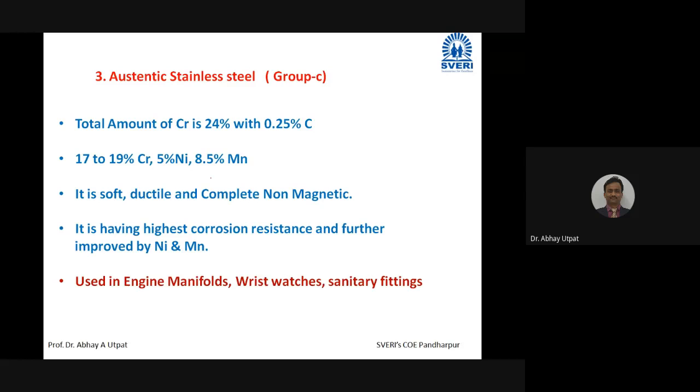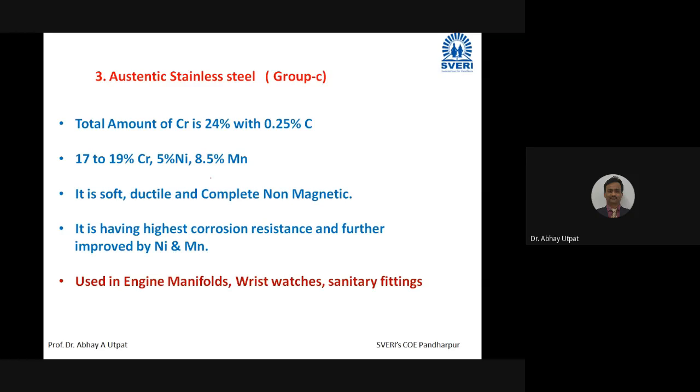Even on a razor blade, if you have not seen it earlier, take any razor blade, whatever brand, just check. It is written stainless steel there. That is also stainless steel. On a wristwatch also stainless steel is used, but both are different. Both have corrosion resistance, but the wristwatch stainless steel has better corrosion resistance than the razor blade stainless steel. But the hardness of that steel is more. That's why it is used for making tools.